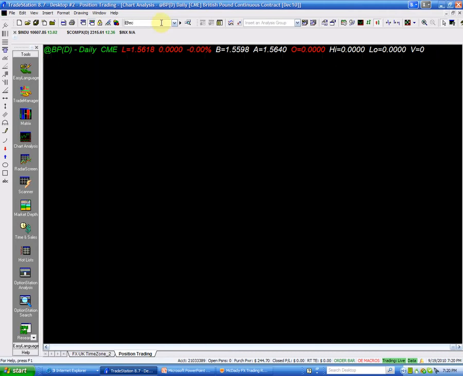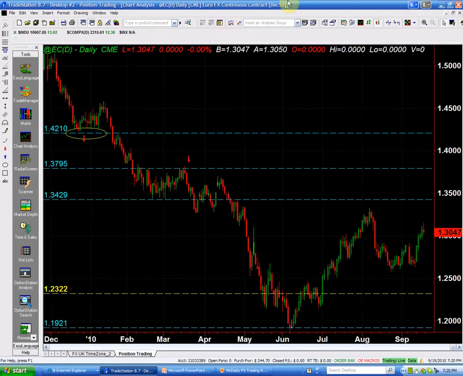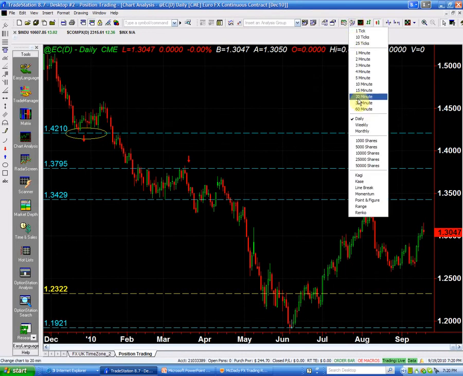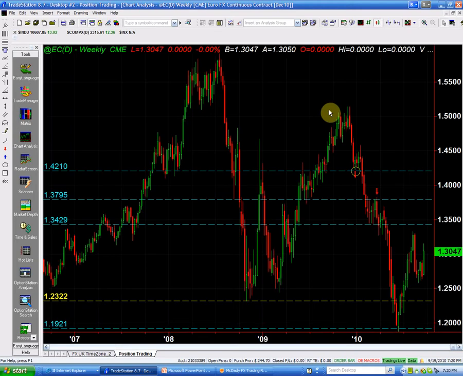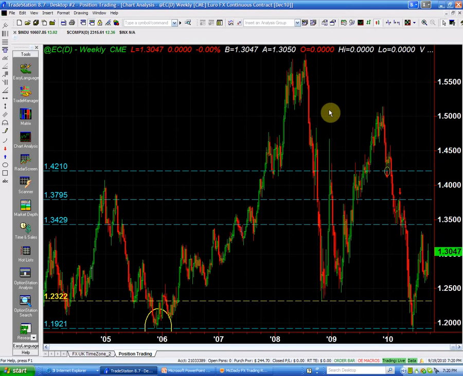We always look at the weekly first so that we can gauge this move here on the euro is quite strong. We have no reason now to turn bearish on the euro for the time being.